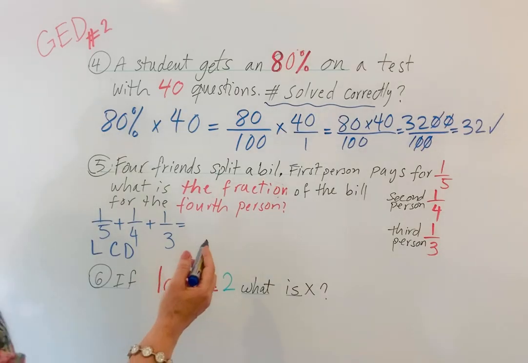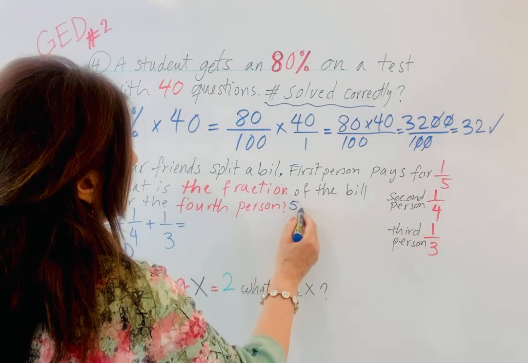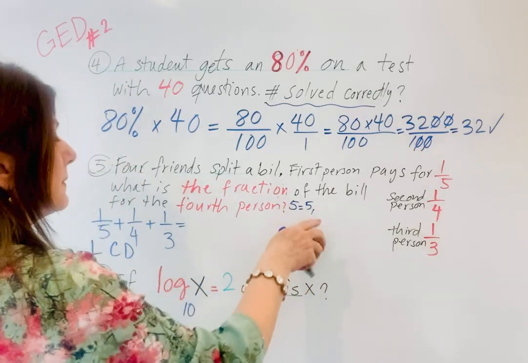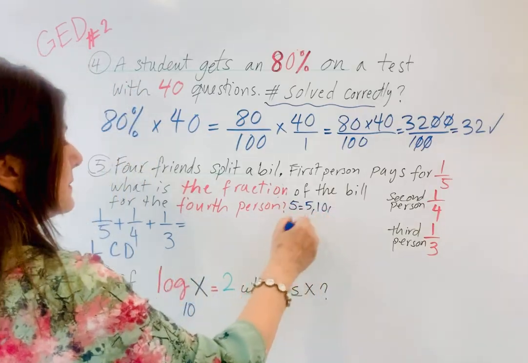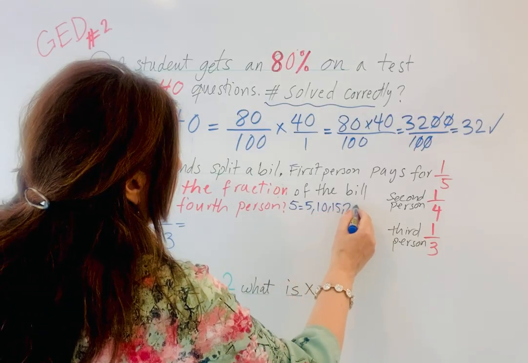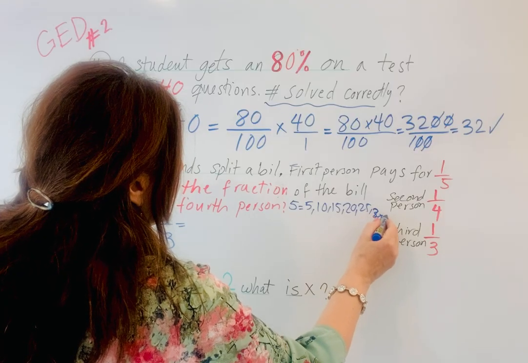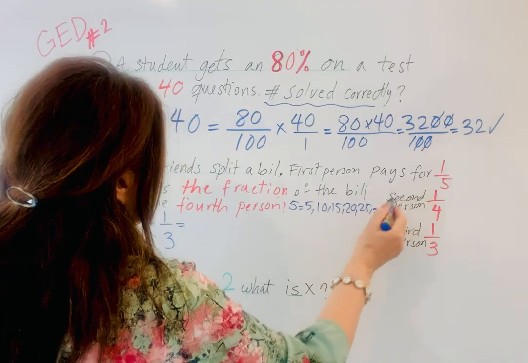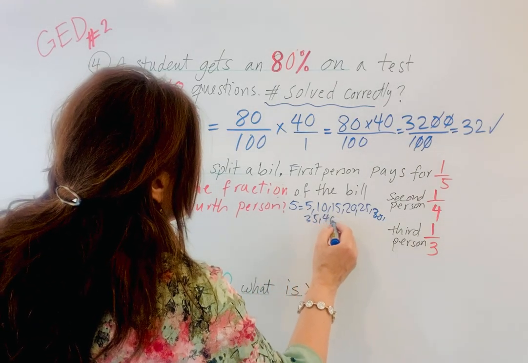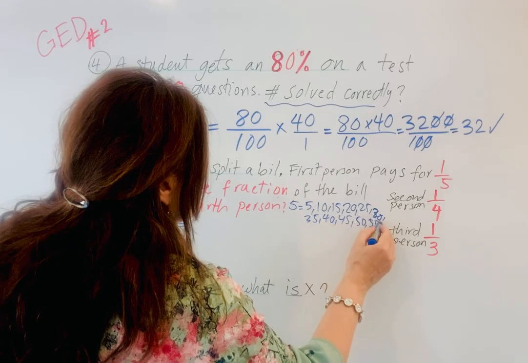For example, the multiples of 5: 5 times 1 is 5, 5 times 2 gets 10, 5 times 3 is 15, 20, 25, 30, 35, 40, 45, 50, 55, 60.